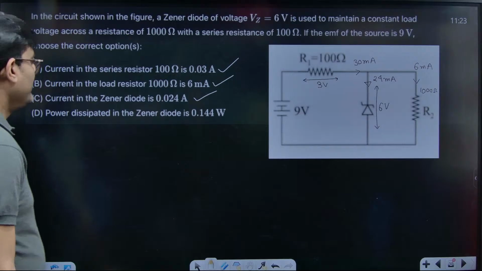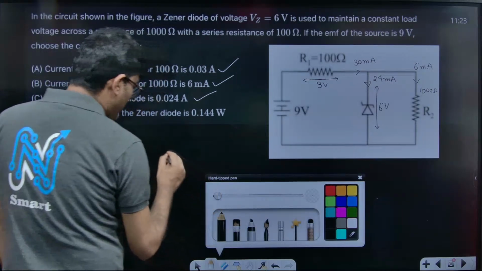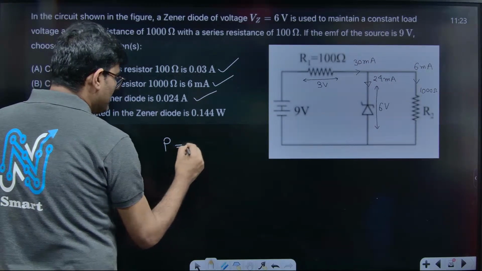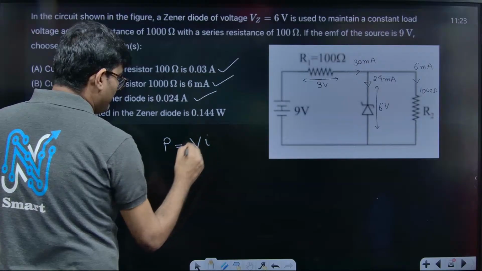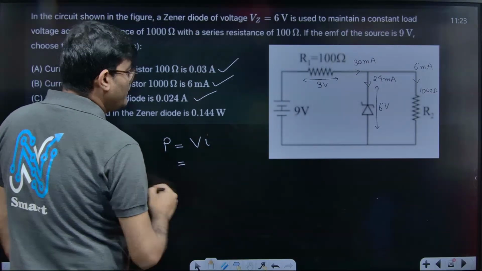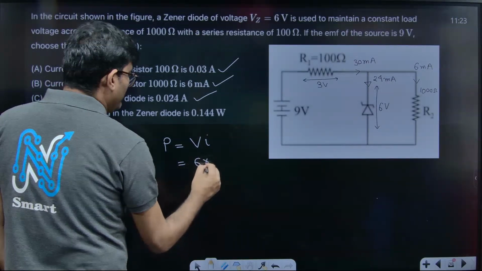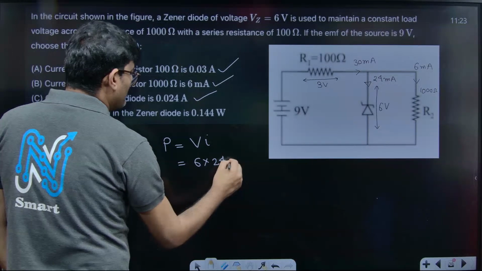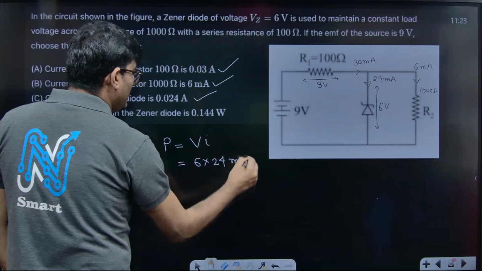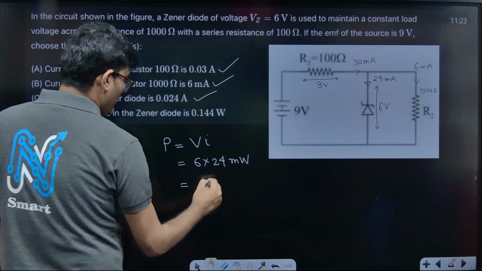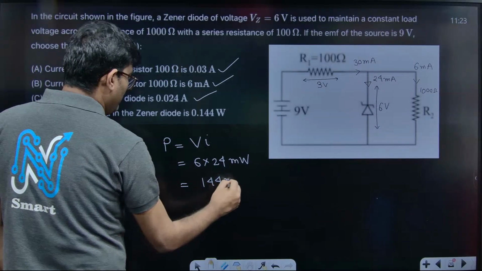Power dissipated in Zener diode. Now what is the formula of power? Power is equal to V into I. V into I is 6 into 24, it is milliwatt. 144 milliwatt.